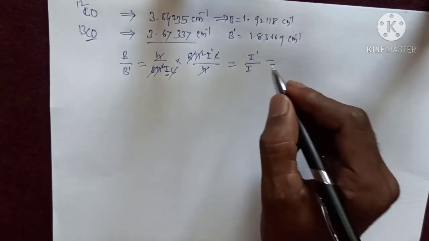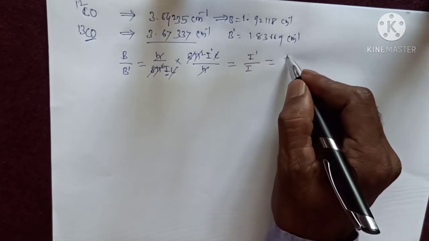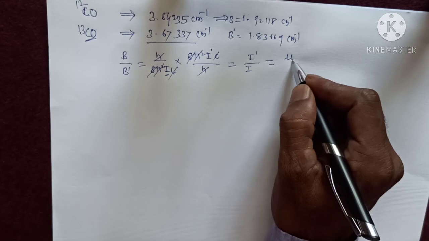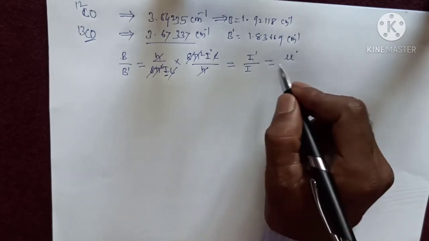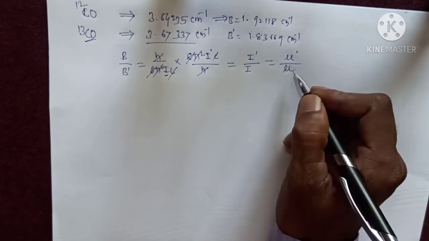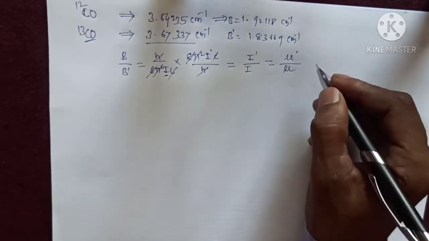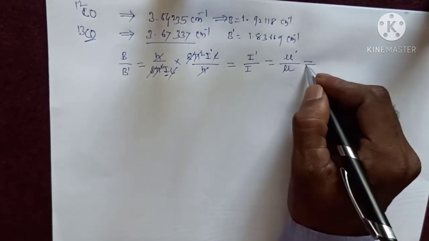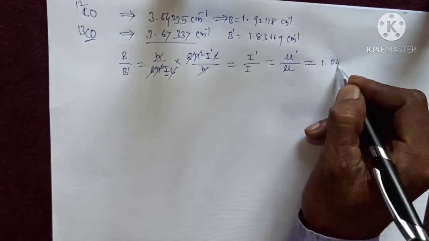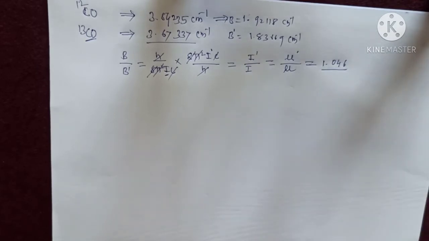This value of moment of inertia directly depends upon the mu value. And what is mu? It's the reduced mass. So I dash will be directly proportional to mu dash and I will be directly proportional to mu. The ratio of these two is found to be 1.046.